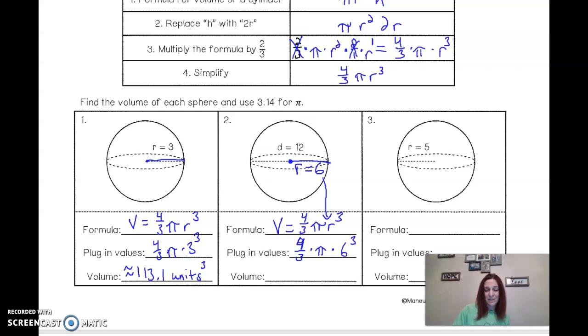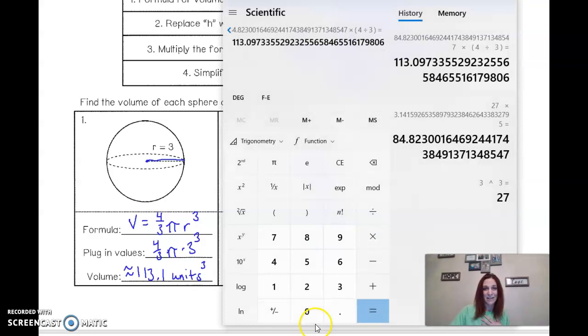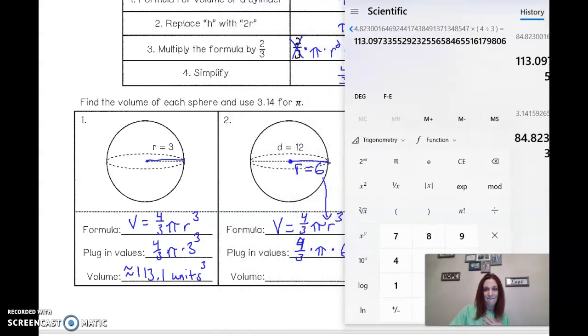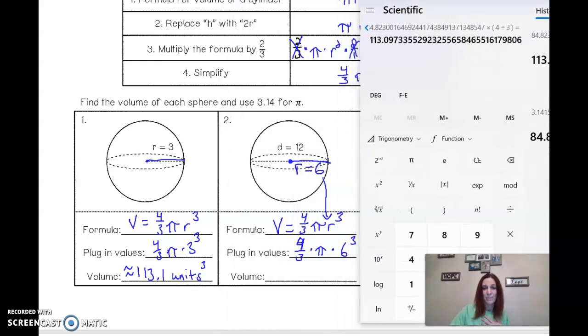Okay? Now let's see. Again, it's hard for me on my computer calculator, but let's see if I can type all of that in at once here. I can clear this out.